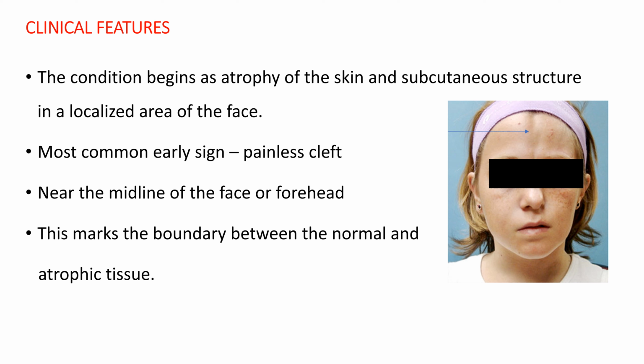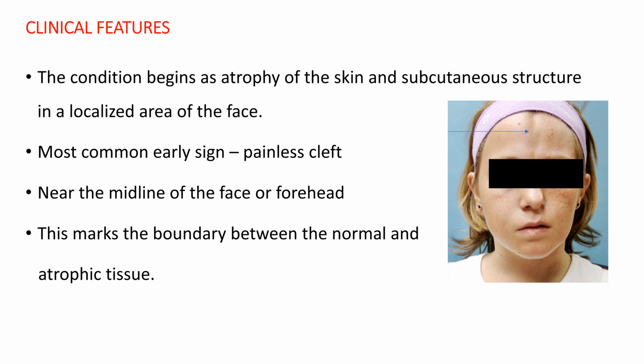Coming to clinical features of facial hemiatrophy, the condition begins as atrophy of the skin and subcutaneous structure in a localized area of the face. The most common early sign is a painless cleft, present near the midline of the face or forehead.